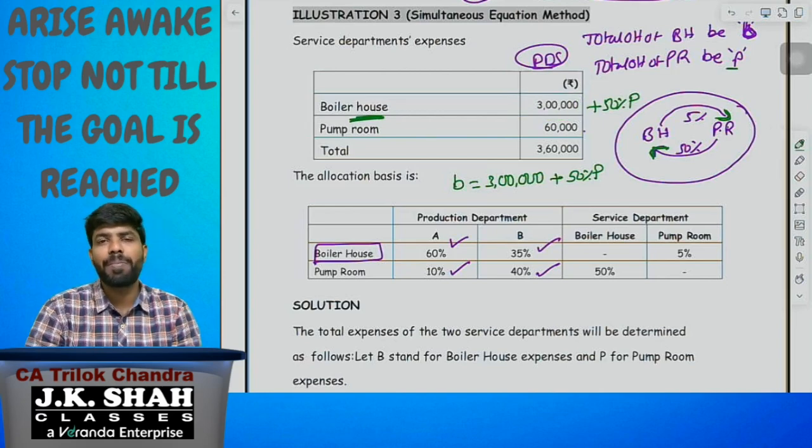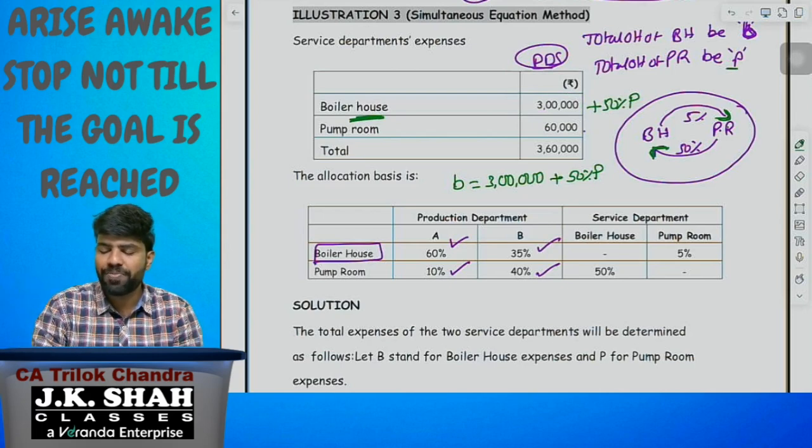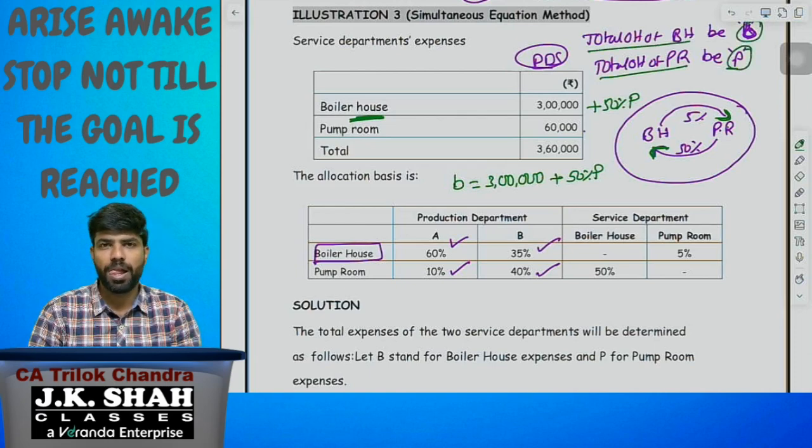In addition, boiler house is receiving 50% from the pump room, so I write 50% of the pump room cost. Total overheads of pump room is P, total overheads of boiler house is B. So B equals existing cost of 3 lakh rupees plus 50% of pump room.